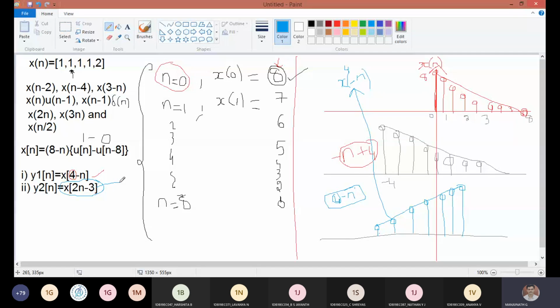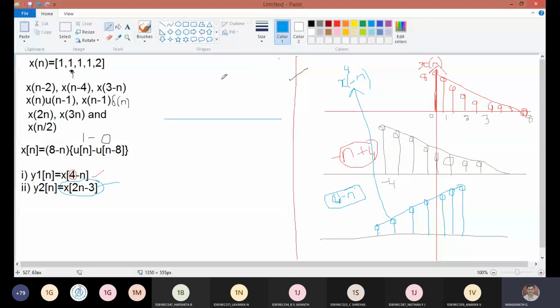So finish up this problem. If anybody still has doubts, you can ask. I hope you understood the logic, how to solve. Whatever x of n is there, if I do n minus 3, it means it is a 3-bit delay. So the signal which starts at 0 will now start at 3. Good.